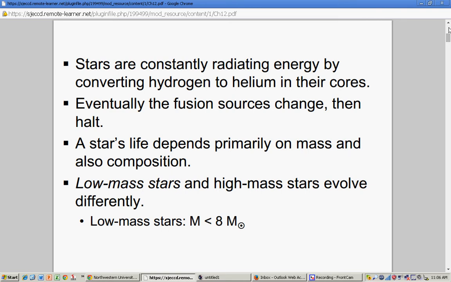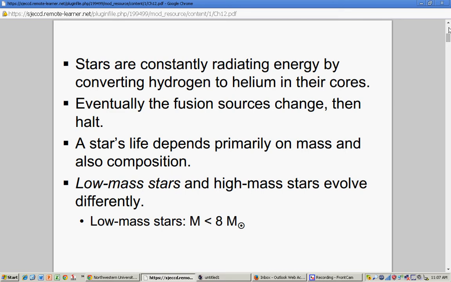But what is driving evolution? I mean, evolution in a star is slow or fast depending on what? What is the driving force controlling evolution in a star? That is the stellar mass. Massive stars go very fast through their evolutionary cycle, and low mass stars take a longer time to go through their evolutionary sequence.